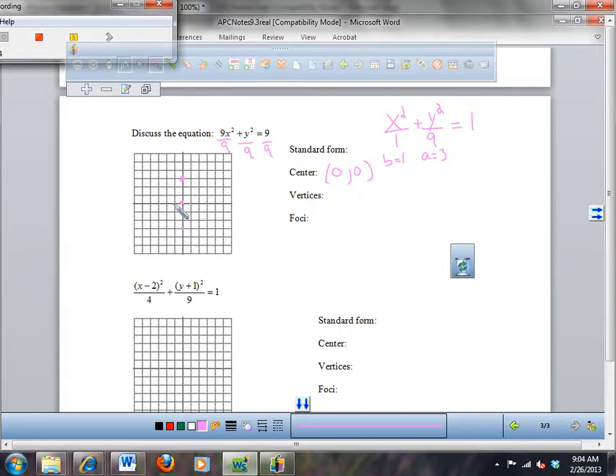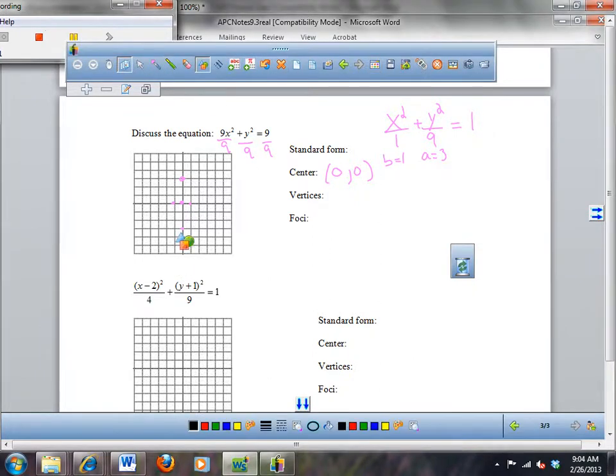So this is kind of a squishy looking ellipse. Let's see if I could do this again. Oh, I didn't want that last little goofy thing. Okay. So that's what that ellipse would look like.